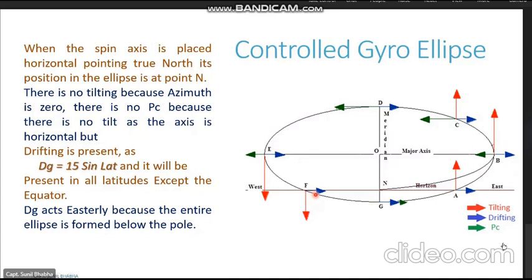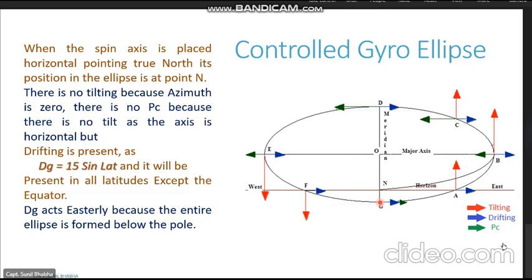As it goes below the horizon, we have a negative tilt now, a downward tilt, and a downward tilt results in easterly control precession. So as we go below the horizon with a downward tilt, we have easterly precession, we have easterly drifting, and at point Golf, where the laser pointer is right now, you see both these forces, that is drifting as well as control precession, acting in the easterly direction.